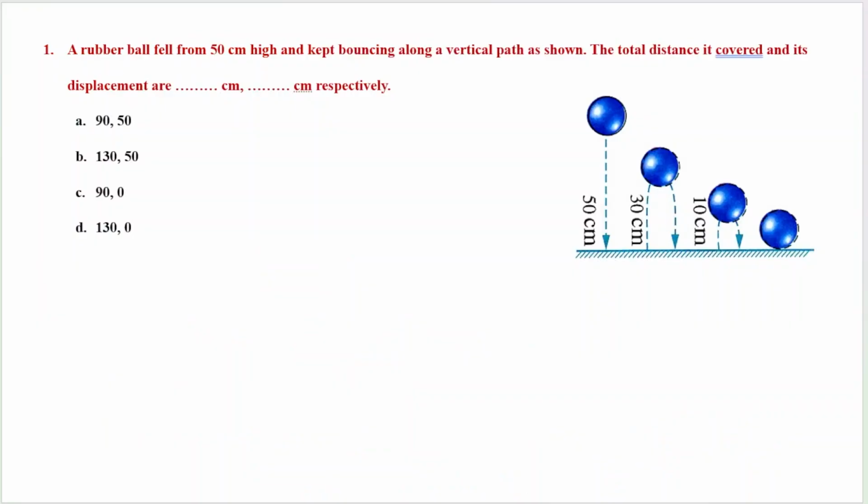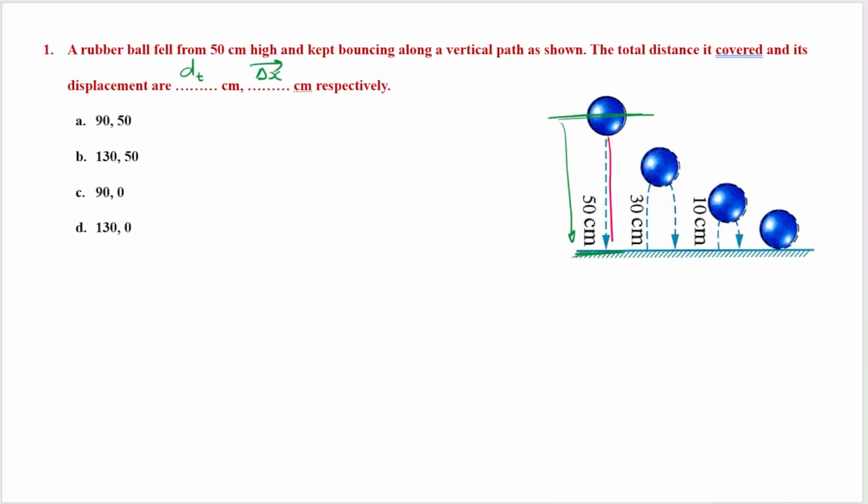Let's solve some questions. A rubber ball fell from 50 centimeters high. So this is the initial position, and it fell from 50 centimeters high and kept bouncing along a vertical path as shown. The total distance it covered and its displacement are? So we need the total distance first, then we need the displacement. For the total distance, we will add them all.